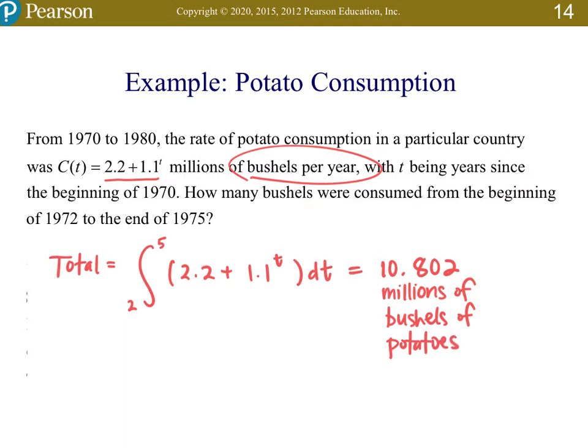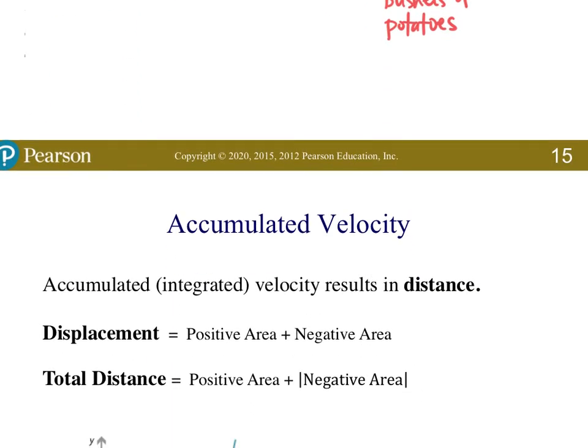So over that course of that 3-year time span, 10.802 millions of bushels of potatoes. So that doesn't even tell us how many potatoes there are, because you need to know how many potatoes are in a bushel, and then multiply that by a million. So this is a huge number of potatoes being consumed.